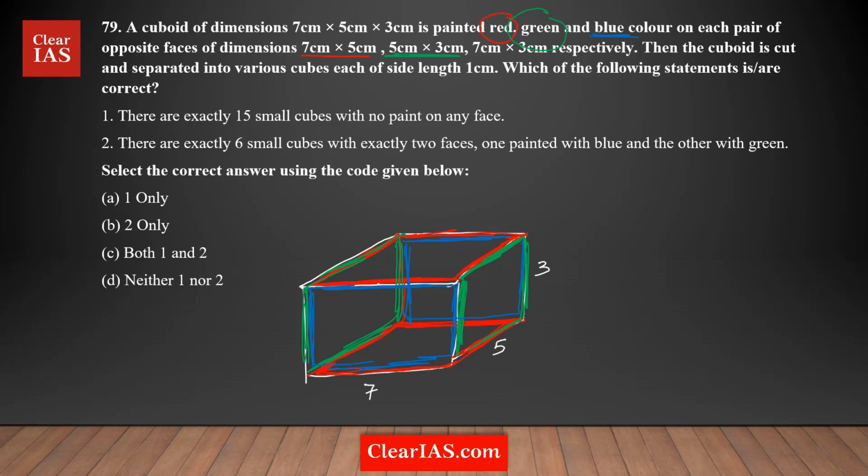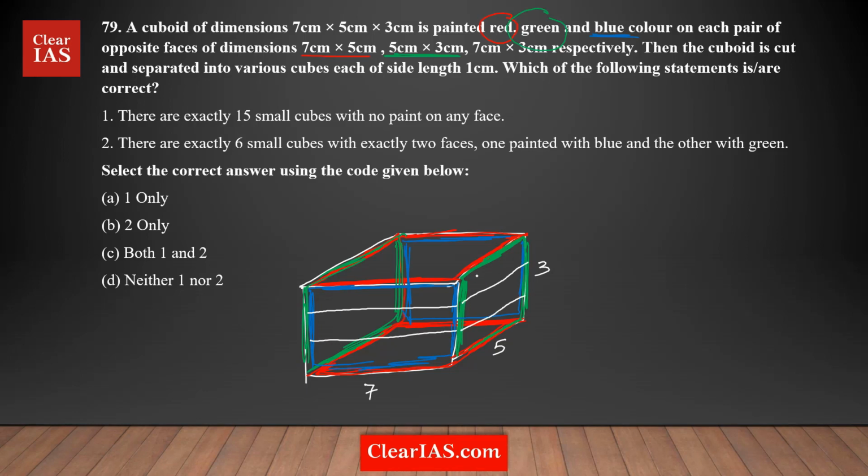So I'm cutting this entire cuboid into cubes of 1 centimeter. I know that this entire height is 3, so I'm cutting into 3 pieces, right? 1 centimeter means it's cutting into 3 pieces. 1, 2, 3. Each one of them is 1 centimeter. This is the first cut I'm making.